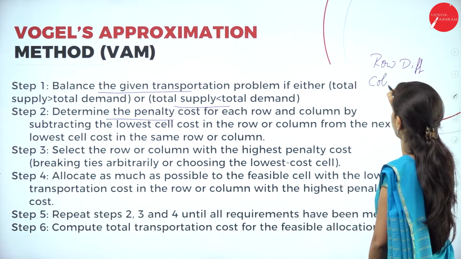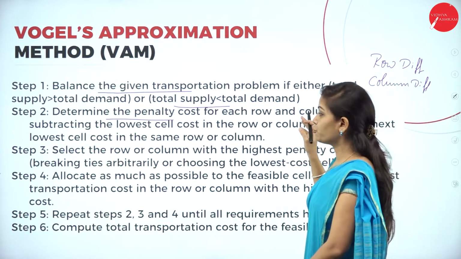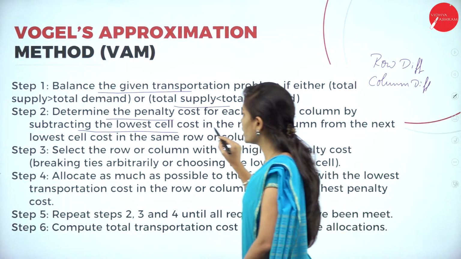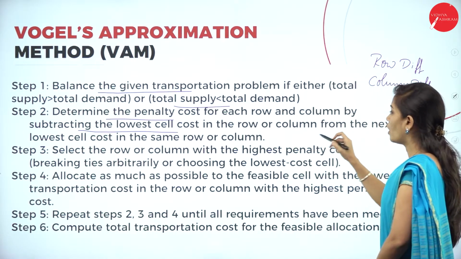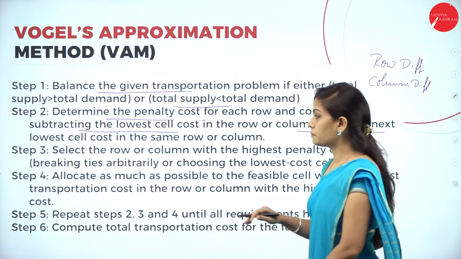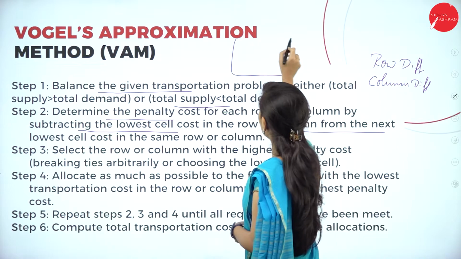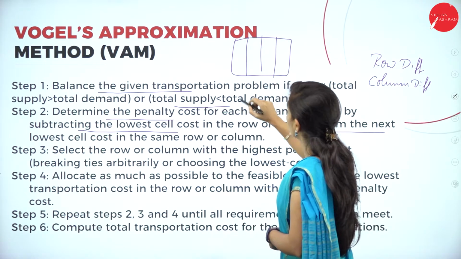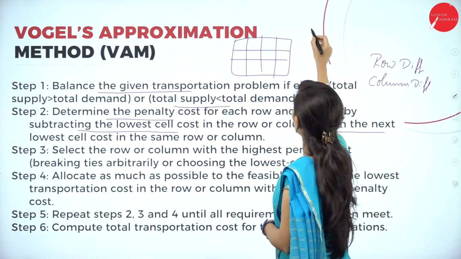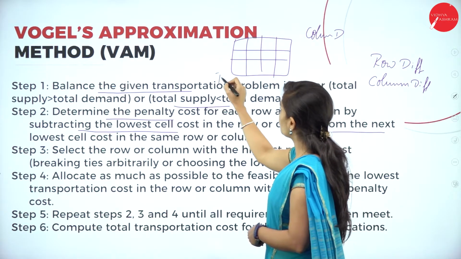For finding the penalty, we have to find the row difference and column difference by subtracting the lowest cell cost in the row or column from the next lowest cost. For example, if you have 3 rows and 4 columns, how do we find the column difference and row difference?